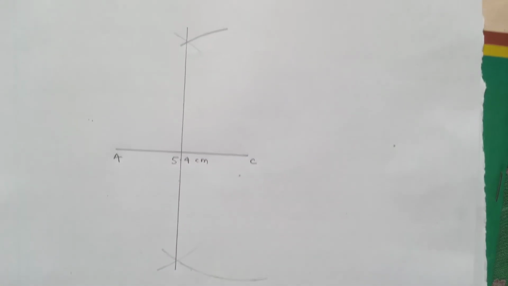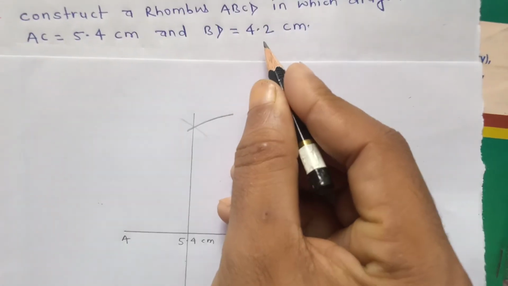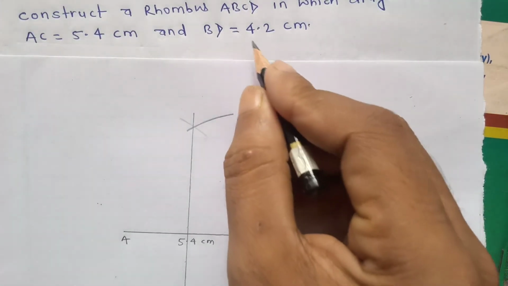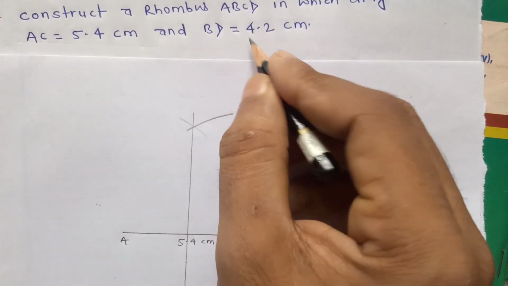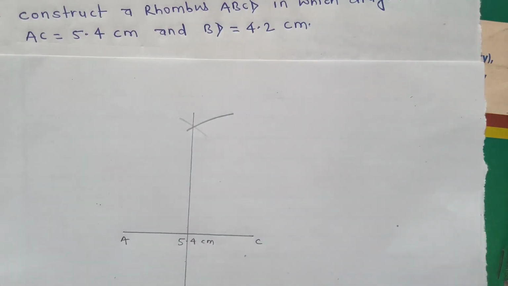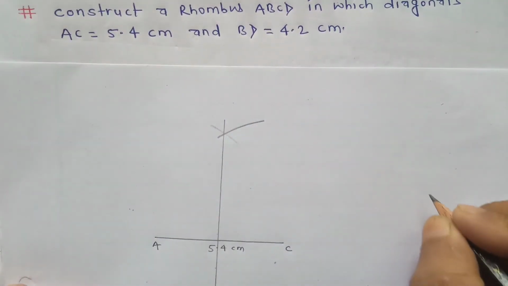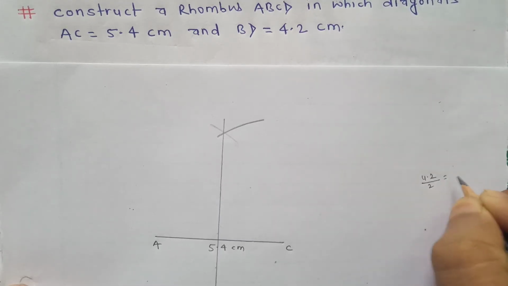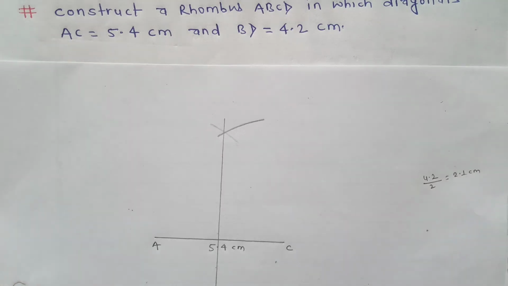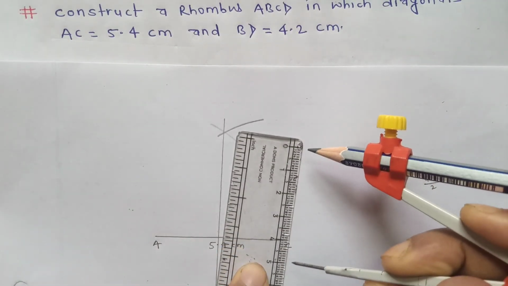Now we can check the question. You can see BD is equal to 4.2 centimeter. The half of BD is 2.1 centimeter. Here you check BD is 4.2 centimeter, and 4.2 divided by 2 is equal to 2.1 centimeter. So now with the compass and the help of a scale, we fix 2.1 centimeter.